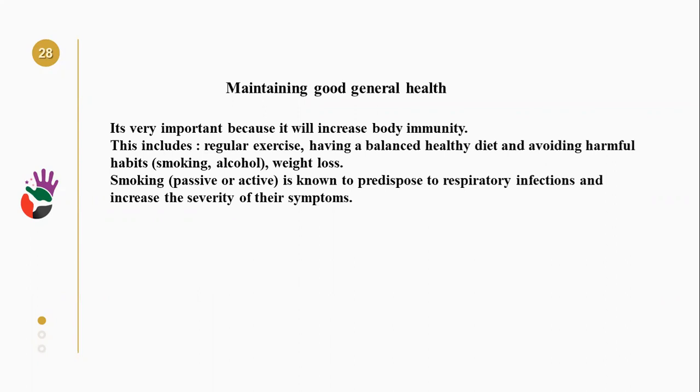And this includes regular exercise and having a balanced, healthy diet, and avoiding harmful habits like smoking and alcohol, and weight loss. It's very important to remember that smoking, passive or active, is known to predispose to respiratory infections and increase the severity of the symptoms of these infections also.